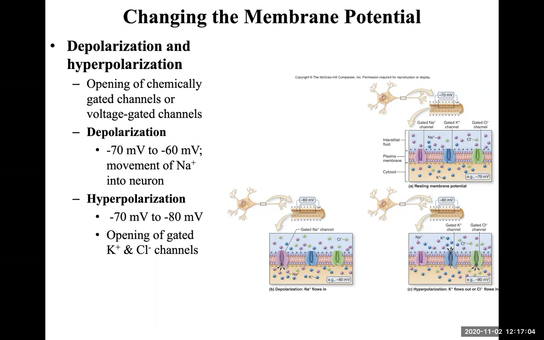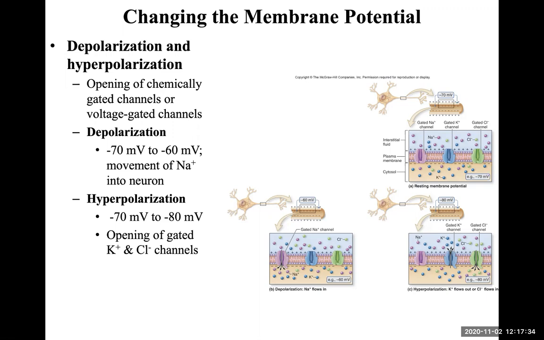That threshold value is negative 55 millivolts. We'll talk about excitatory and inhibitory postsynaptic potentials in a moment, but those are the potentials that ultimately get added together, and if that addition results in bringing the value from negative 70 to negative 55, then an action potential will be fired.